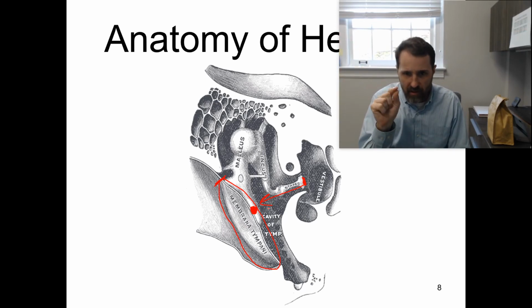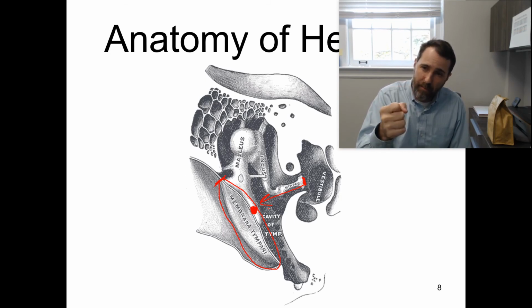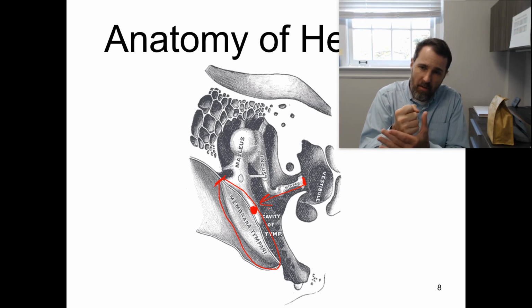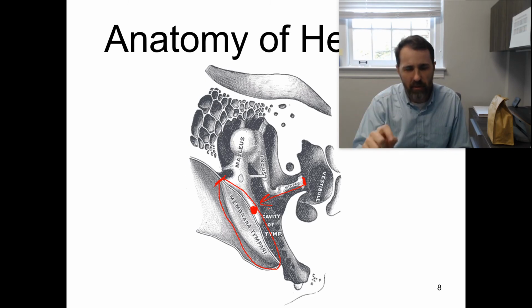The surface area that is being pushed and pulled on by the foot plate of the stapes through the oval window of the cochlea to stimulate your hearing is much smaller.